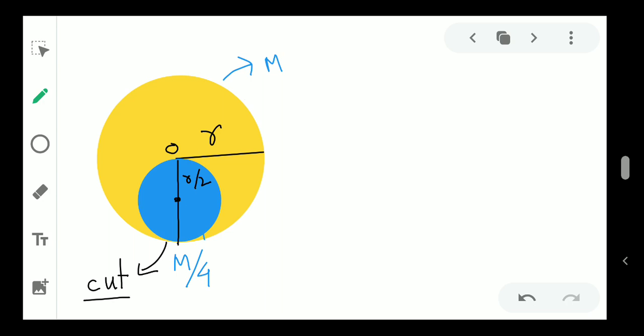Now we have to see that the new location of your center of mass, when this blue portion is removed, will be the summation of m_i r_i. So the contribution for this yellow one is m into 0.